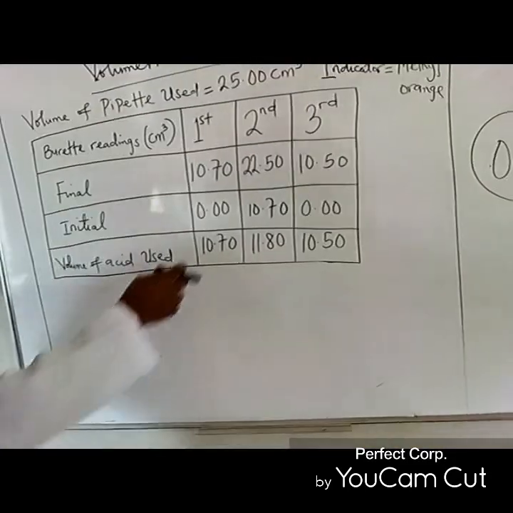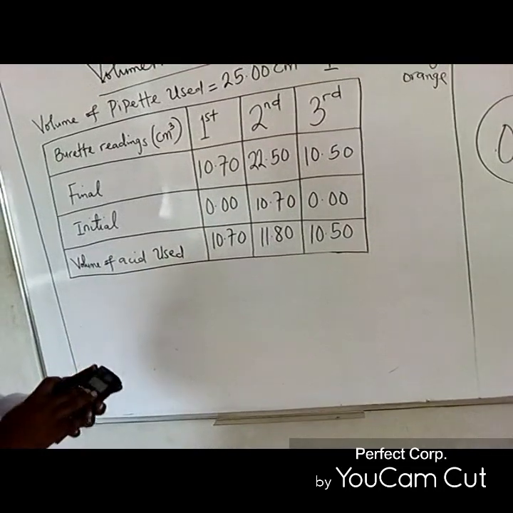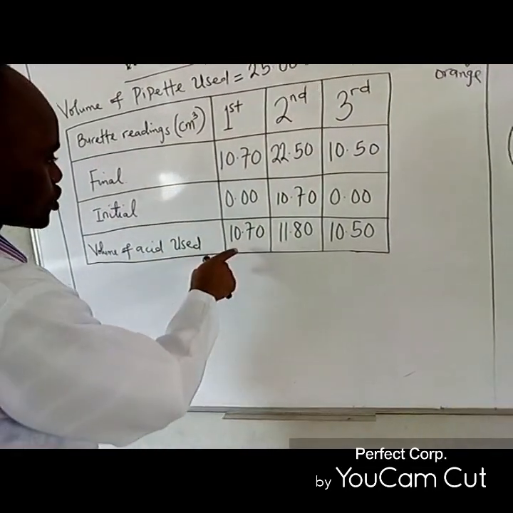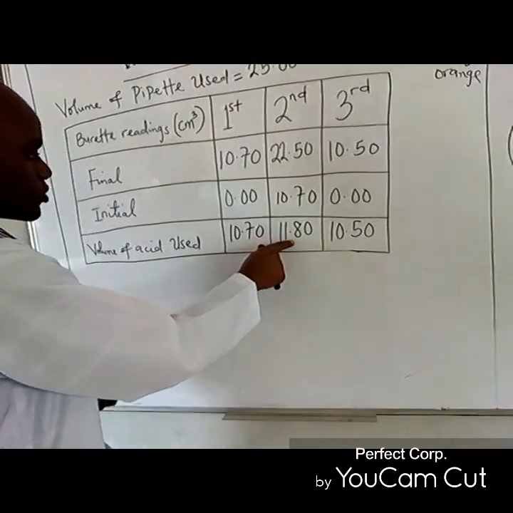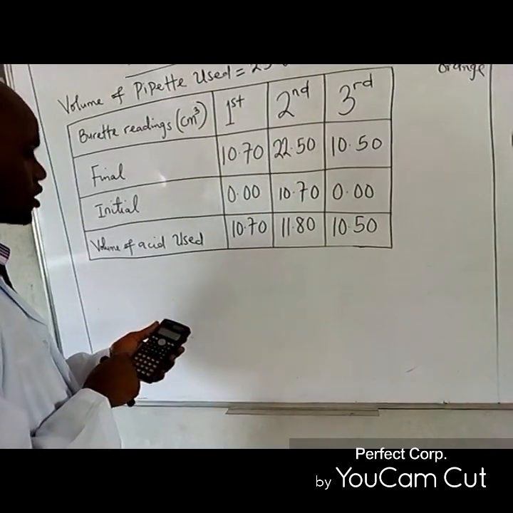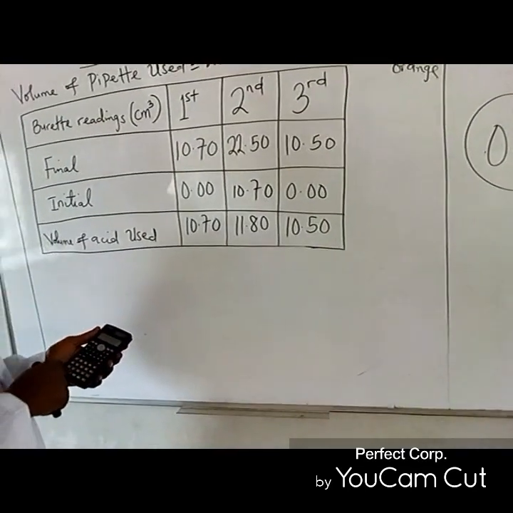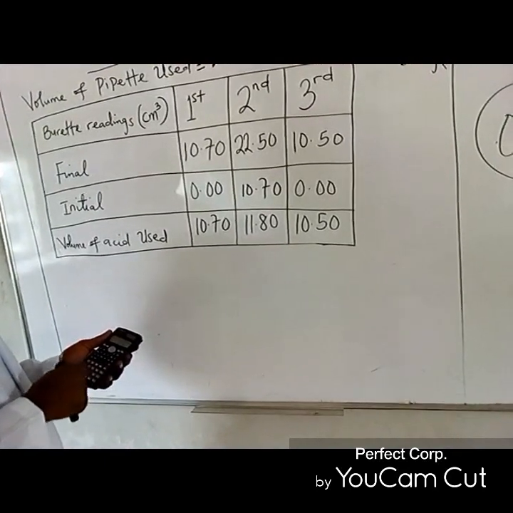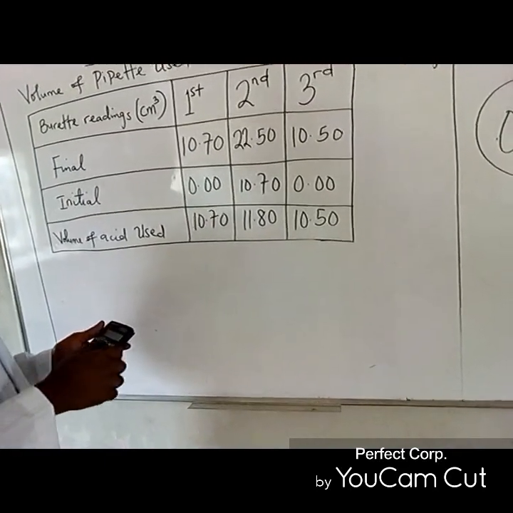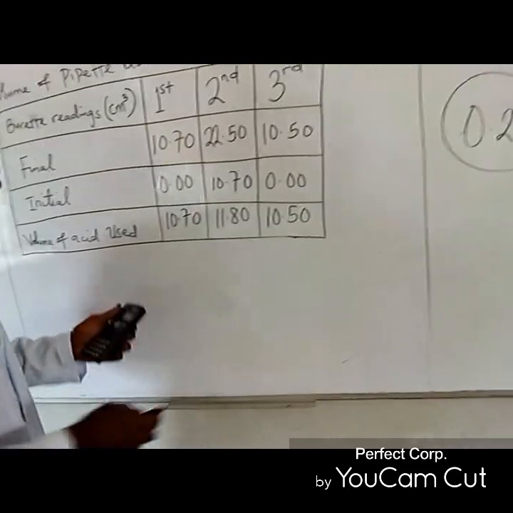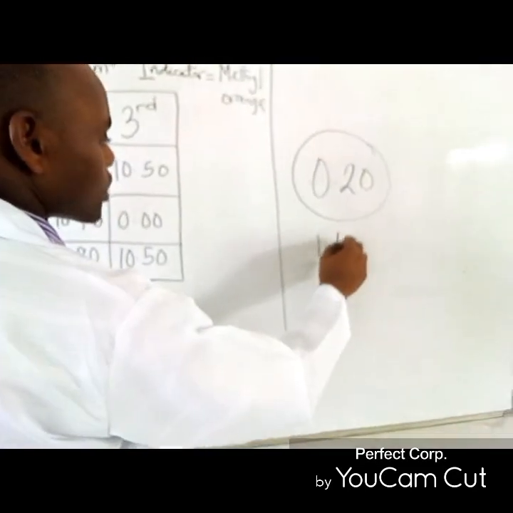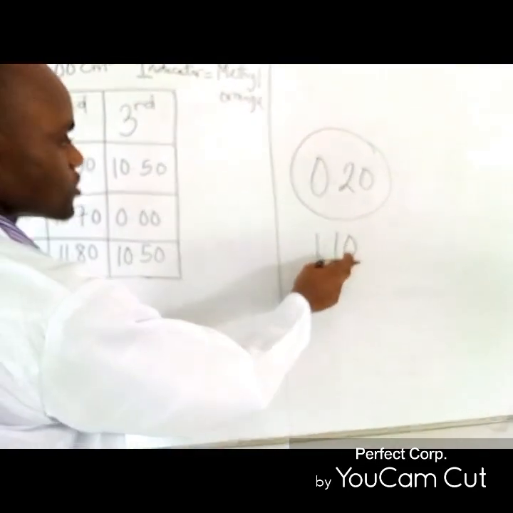So let's quickly check this and see the range that we're going to have. First of all, we are going to subtract this from this. 11.80 minus 10.70 is 1.10. Obviously, this is bigger than 0.20.